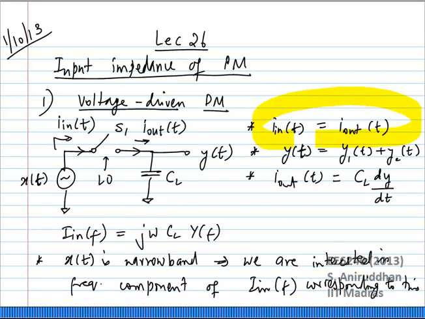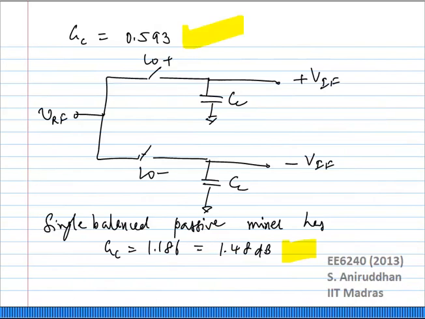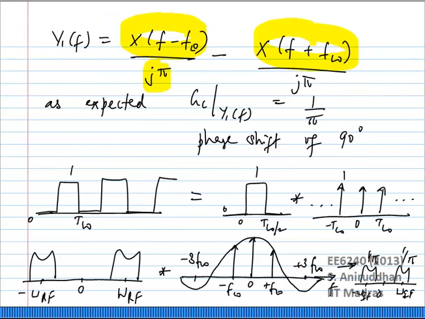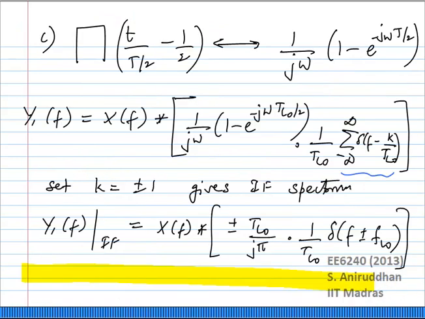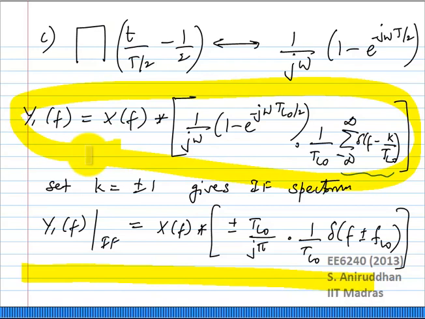We know y of f, we have just determined that in yesterday's class. It has y1 of f and y2 of f, and each one of these has many components. What do we do to figure out the frequency component corresponding to the input? So let's take the example of y1 of f. This is the overall expression for y1 of f, correct?